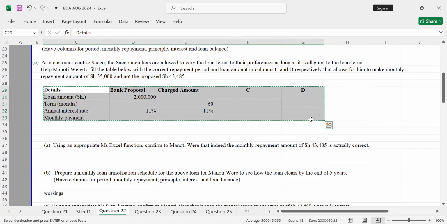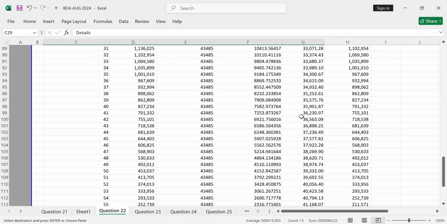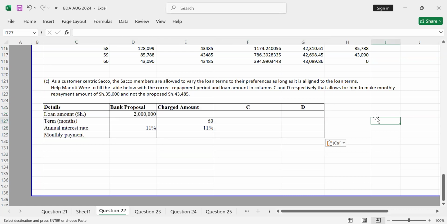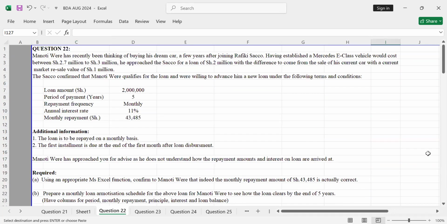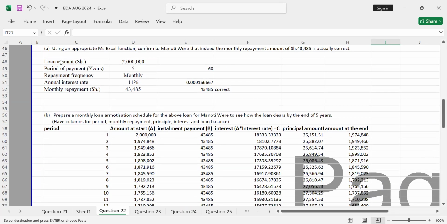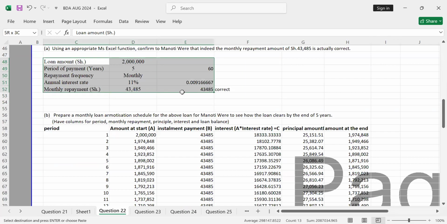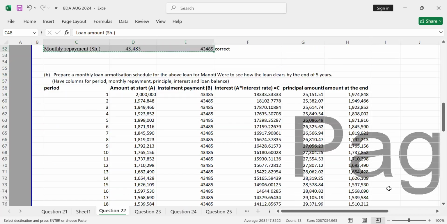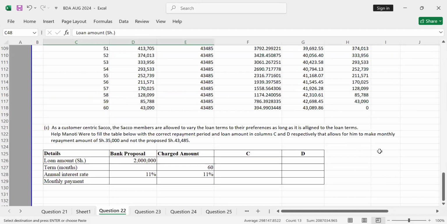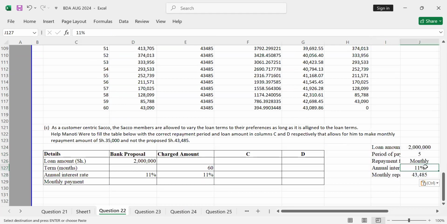Control C. I'll need also to copy the first one that we had here, this information, and copy it here. I think that is it.